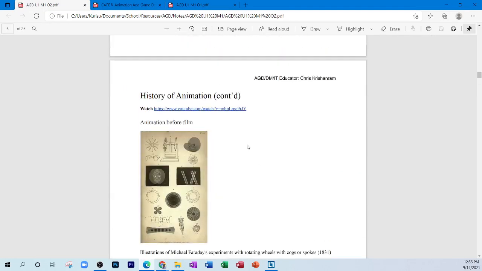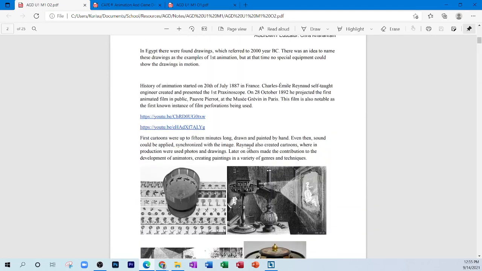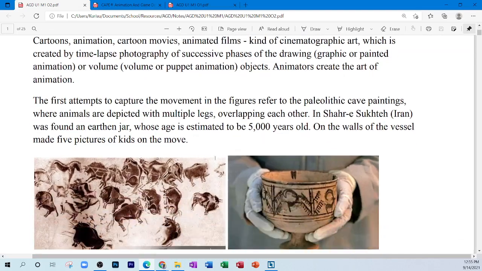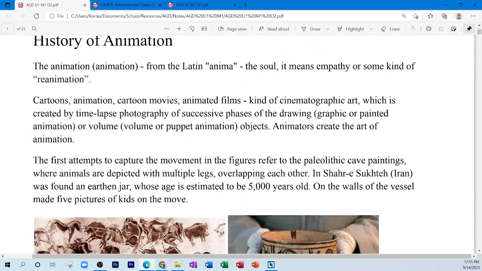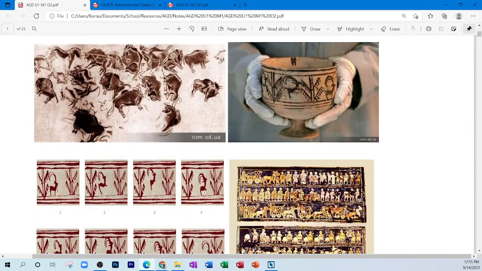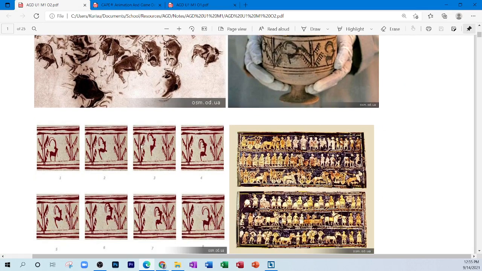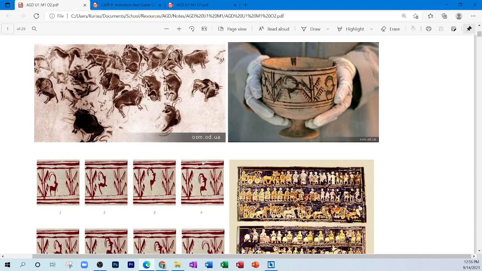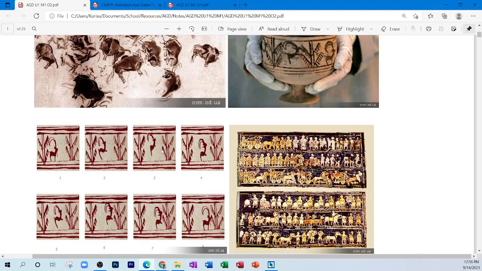So let's continue. Try to figure out where we left off. So one of the things that we were talking about in the last class was that they try to give the illusion of movement. Even though these images were done thousands of years ago in BC, in Egypt's time, and so on, they are actually not animation.